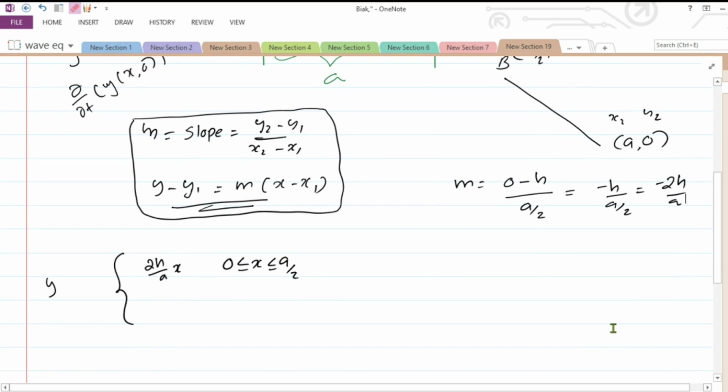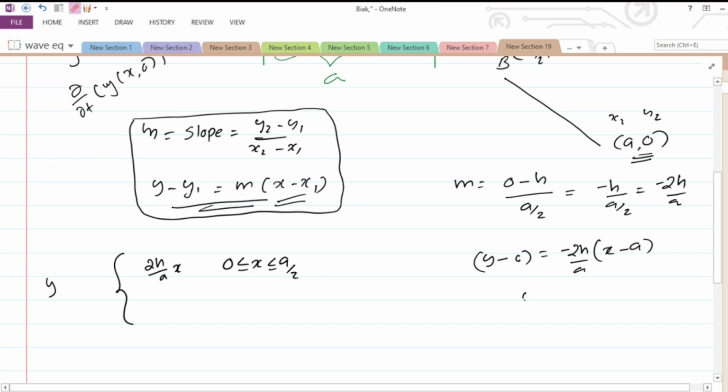Now you substitute y minus y1 equals m into x minus x1. You can use this particular point for simplicity. So y minus 0 equals minus 2h by a into x minus a.